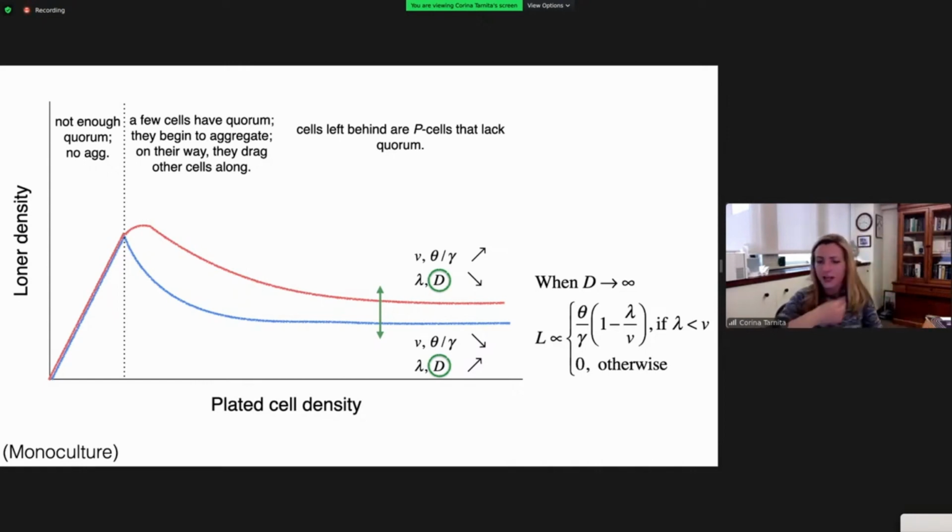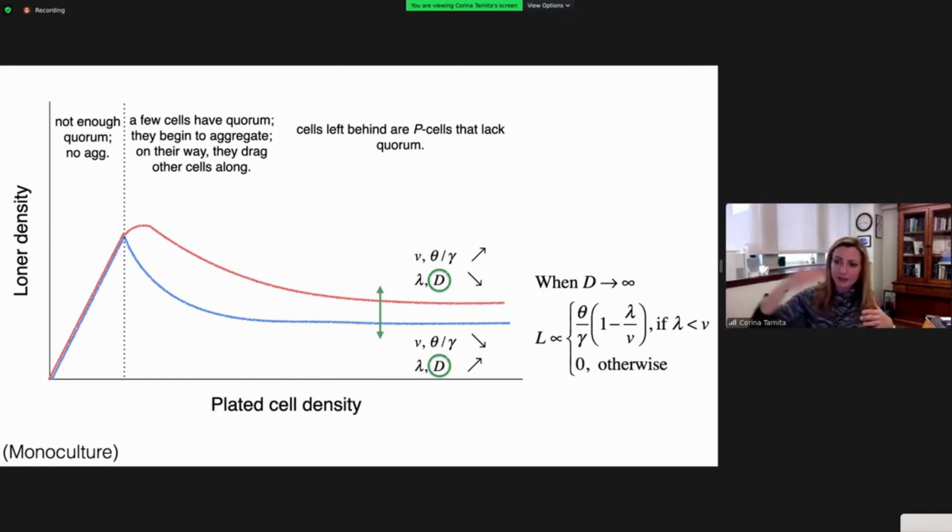velocity for a second. Velocity is very important because the higher the velocity, the faster the aggregating cells get away from where they used to be. So the faster they get away and they stop emitting, their contribution to the signal around the remaining cells is diminished faster.